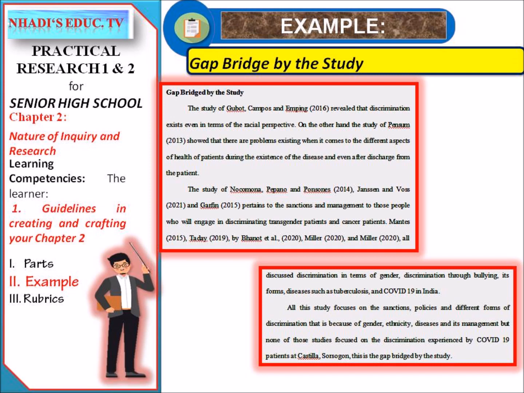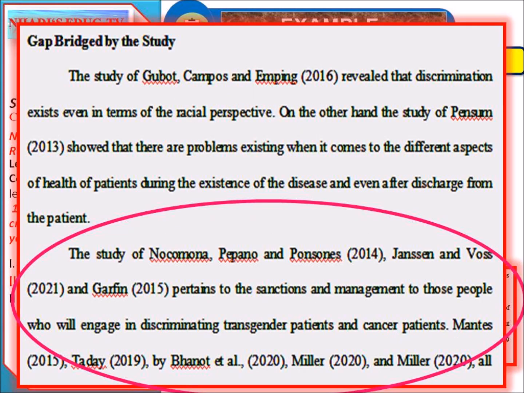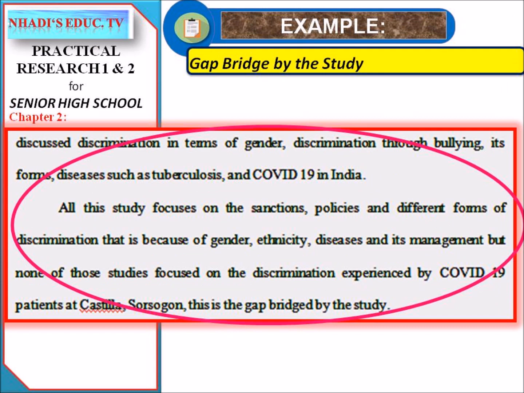Below is another study. The study of Nakamura, Pepano, and Ponsones of 2014, Jansen and Voss of 2021, and Garfin of 2015, all are focused on the discrimination to patients. Still, we are in the gap bridged by the study.